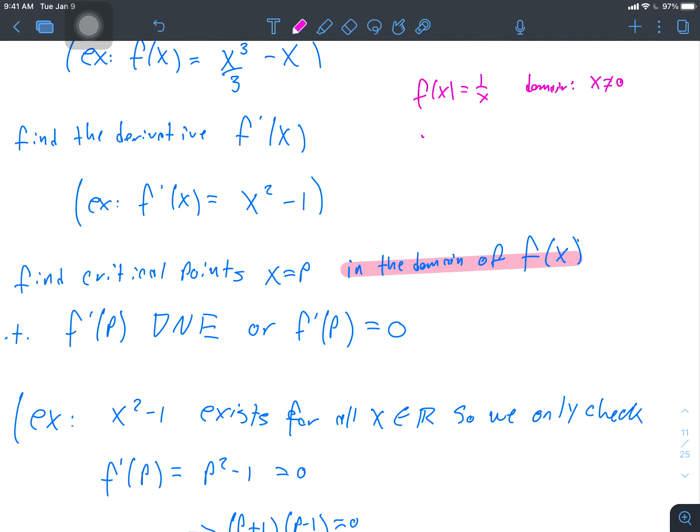So when I take the derivative of this and get negative 1 over x squared, x equals 0 is not a critical point of f, even though if I plug it into the derivative, I get 0, because 0 is not in the domain of the original function. So I need to look for points x equals p which are in the domain of f and cause one of these two things to happen.